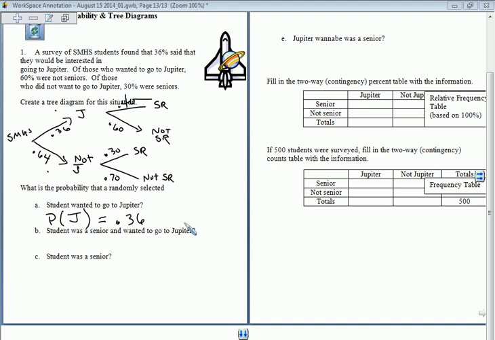So you've got to multiply. We've got to do some multiplication. So a senior and wanted to go to Jupiter, how would we find that? We would have to do the 0.36 times the 0.4 equals, of senior.